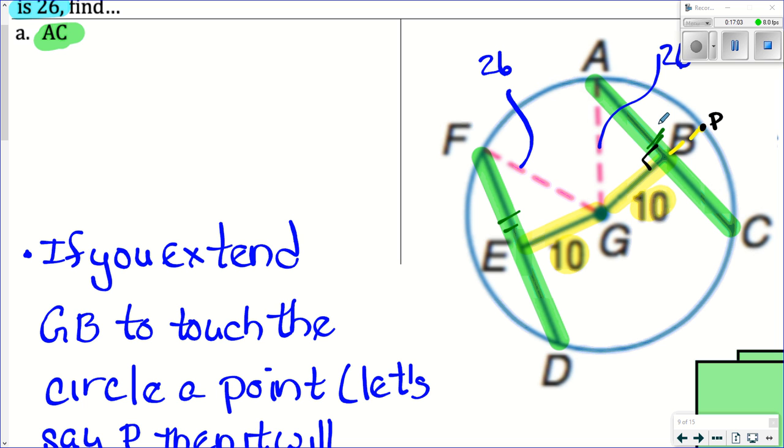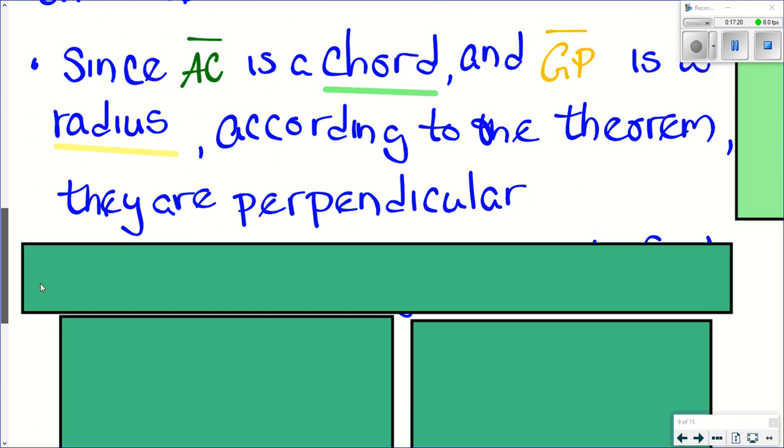But what we know is, since the radius is bisecting the chord AC, that means whatever we find for AB will be the same for BC. And then we can find the overall length for AC. So we know this is a right triangle because the radius intersects with the chord.